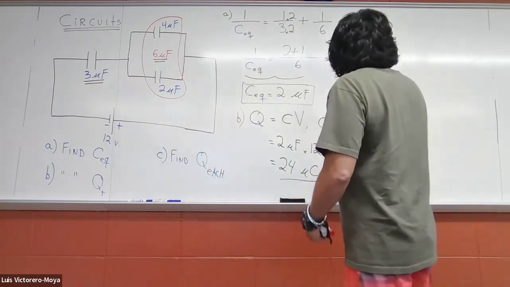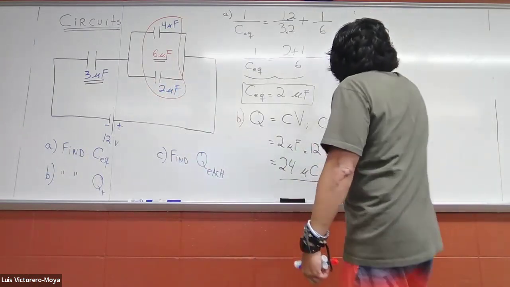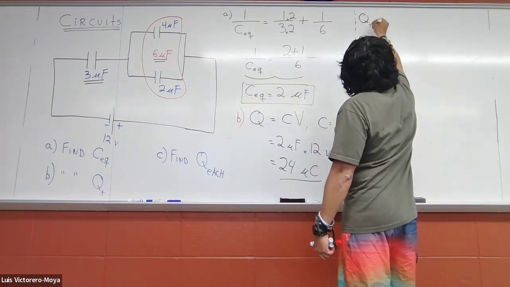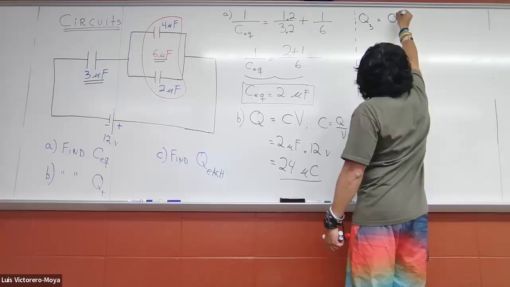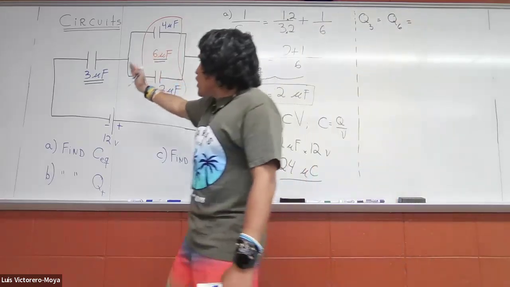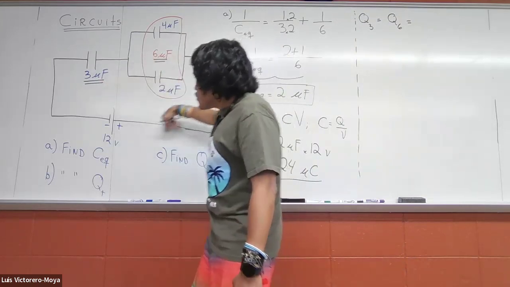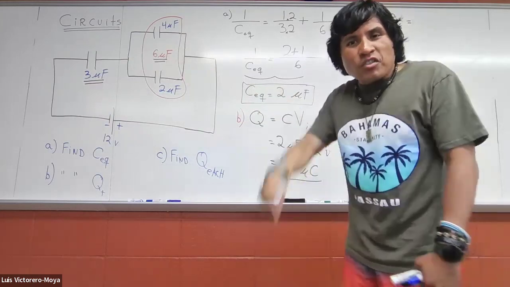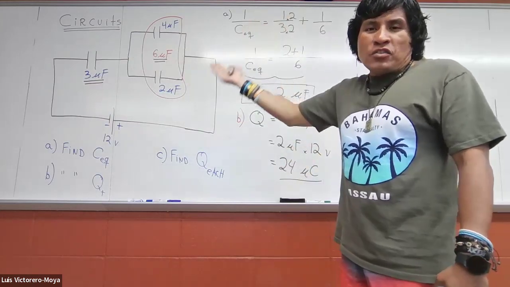So, Q on 3 equals Q on 6. What is the charge on 3 and 6? It is the charge of the circuit. The charge of the entire circuit is the charge on 3 and 6.